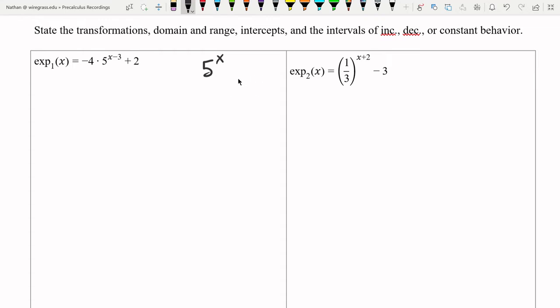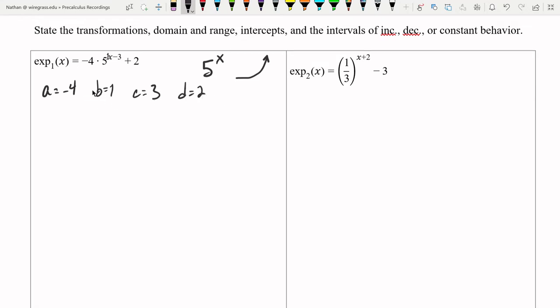We expect this thing to look like this, just 5 to the power of x. And we have all these transformations on. So here we have a equal to -4. B is just 1 here, right? It's just 1 on that one. C equals +3. And D equals 2.